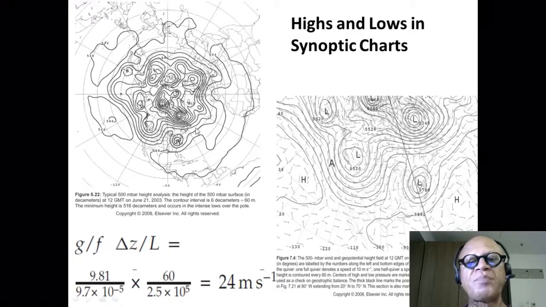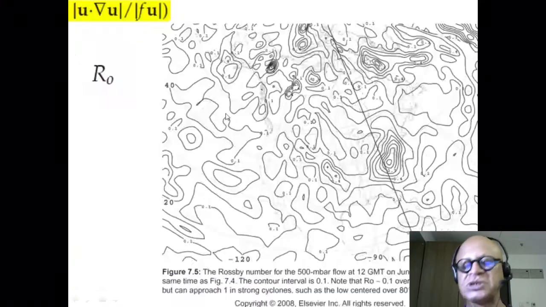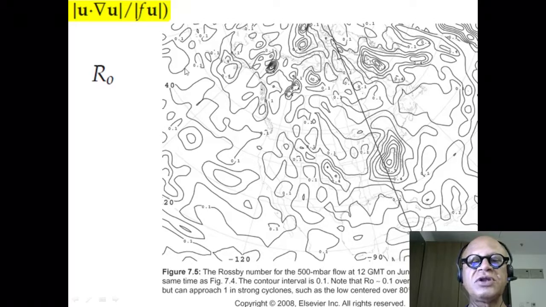It's just blown up along some section. You can see this again for the same day, June 21, 2003. If you compute the Rossby number, it is small over large parts where we have geostrophic flow along height contours. But when you get close to these low pressure and high pressure centers, the Rossby number goes close to 1.